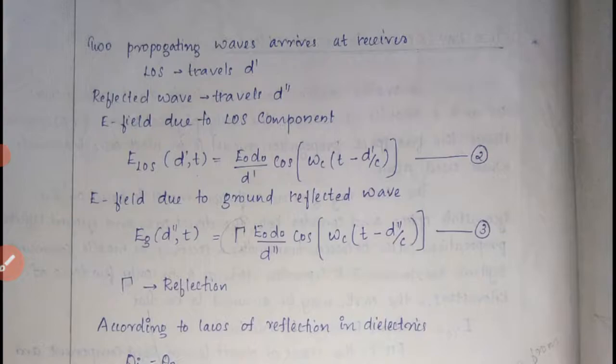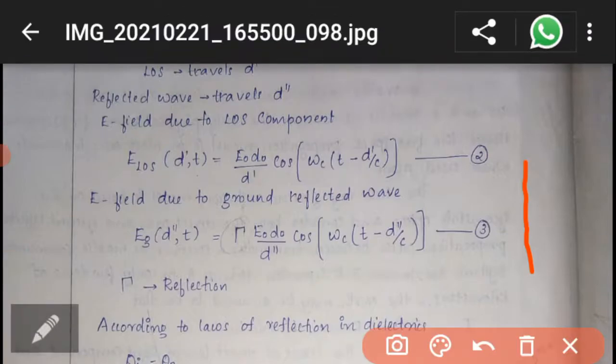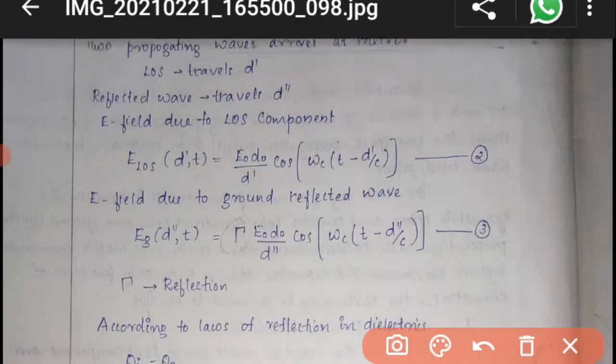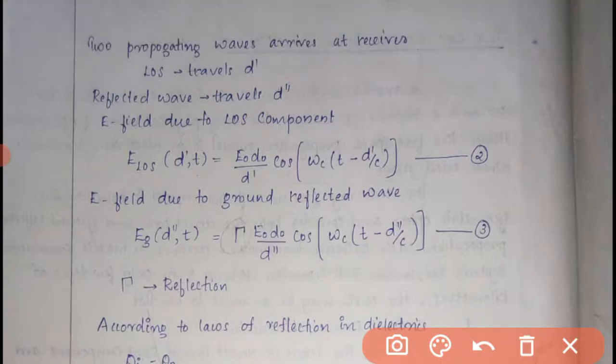In the last paper we studied the line of sight electric field in free space, that is E of D comma T is equal to E naught D naught by D cos omega C into T minus D dash by C. Here the line of sight distance is denoted as D dash.